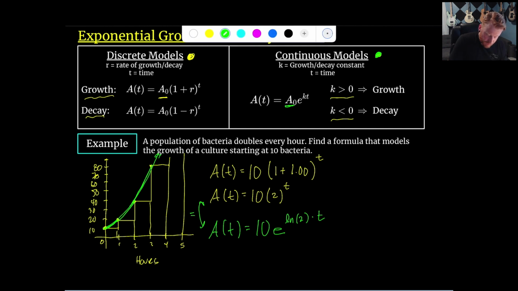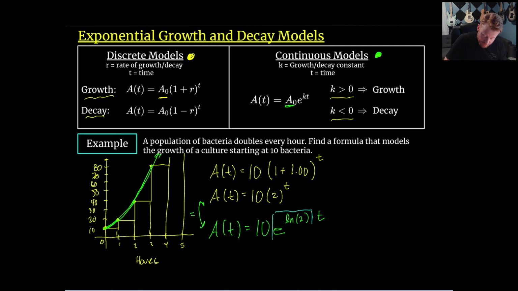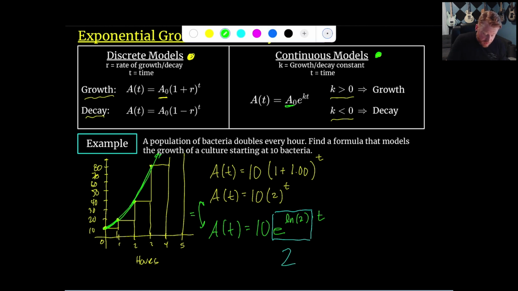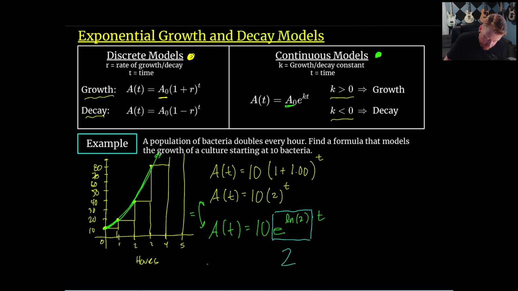you that if we just focus on this portion of the equation, e to the ln of 2, well, those are undoing each other. If we have the exponential function e and we have a natural log plugged into that, those are undoing each other, and that is just turning into 2. So if I rewrite the rest of the function here, we still have 10 times 2 being raised to the t, which is exactly what we have right here.